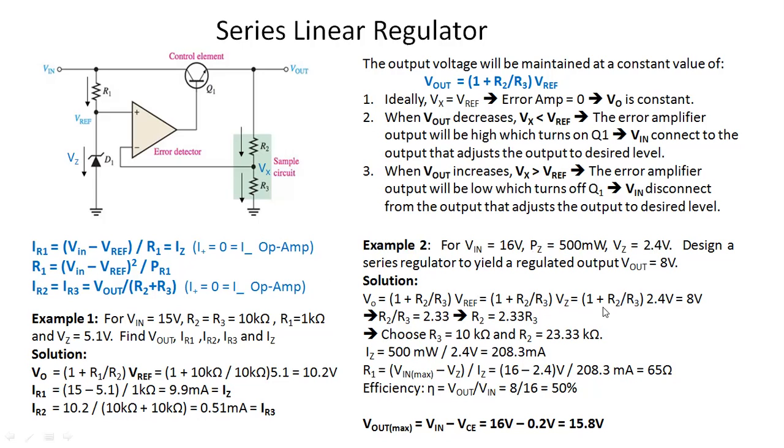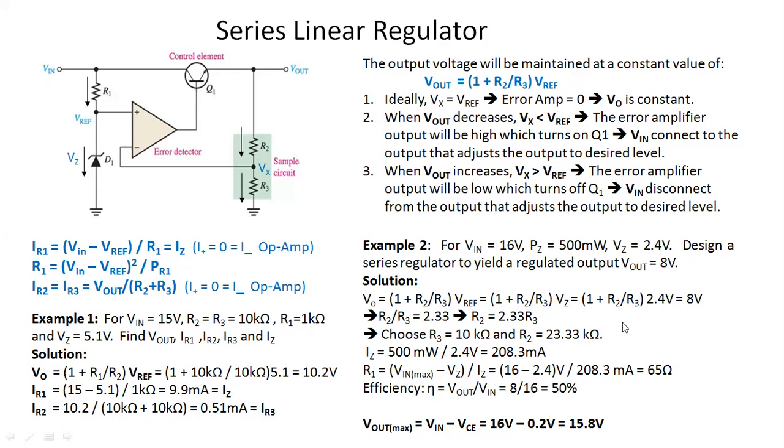But here we do not have the values for R2 and R3. We have the value for VZ and the value for output voltage. So we can put these values and you will get R2 upon R3. If you put 8 volt equal to 1 plus R2 upon R3 into VZ, what value have they given? 2.4.